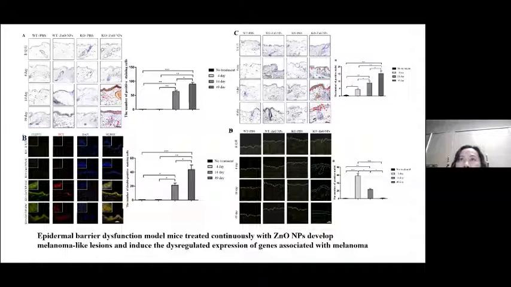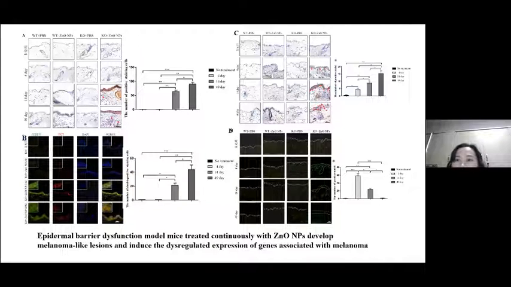Next, we use markers of melanocytes to examine this. First, TYR is one of the biomarkers for melanocytes. We can see that after exposure to the nanoparticles, in the knockout mice the melanocytes are increased, not only in the epidermis layer but also in the dermis layer.